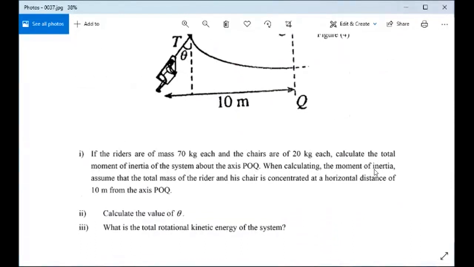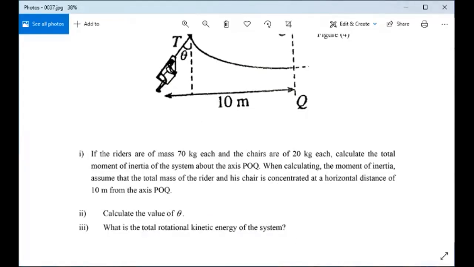When calculating the moment of inertia, assume that the total mass of the rider and his chair is concentrated at a horizontal distance of 10 meter from the axis POQ. The total mass of the man and the chair is at a 10-meter distance from the center of the ring. That's what they have said.